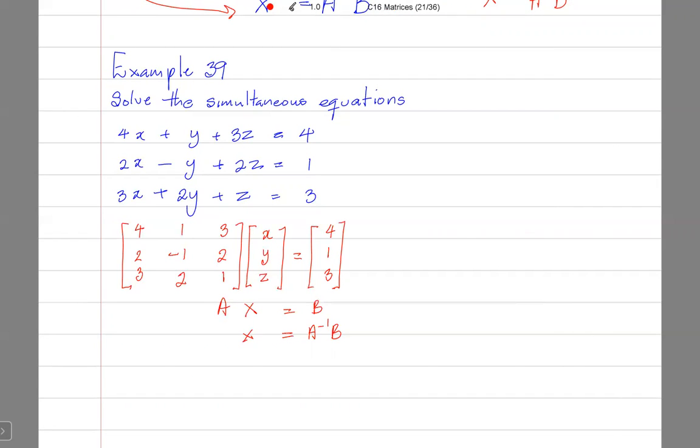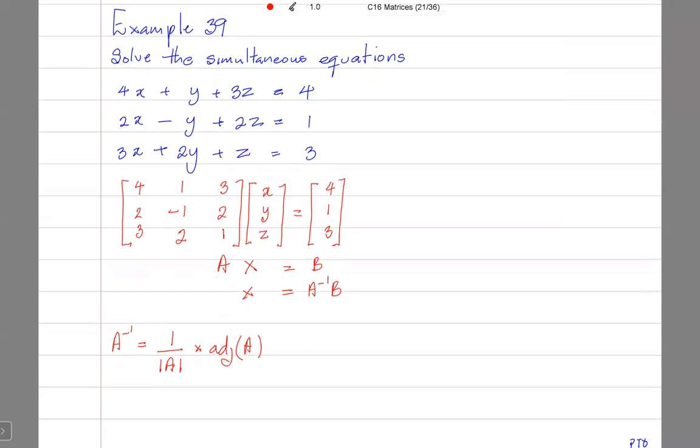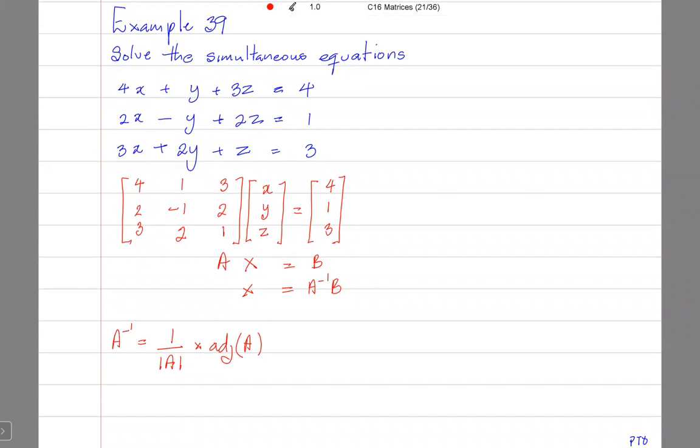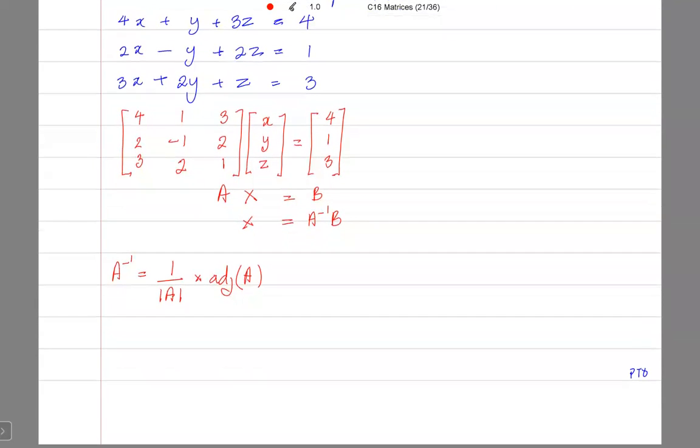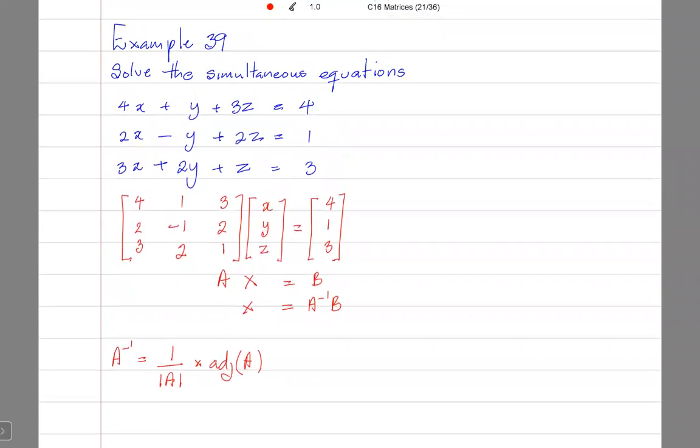To find the inverse, A inverse is equal to 1 over the determinant of A times adjoint A. Adjoint A is the transpose of the matrix of cofactors. So we need to find the cofactor of every element, and we can start out by doing that.